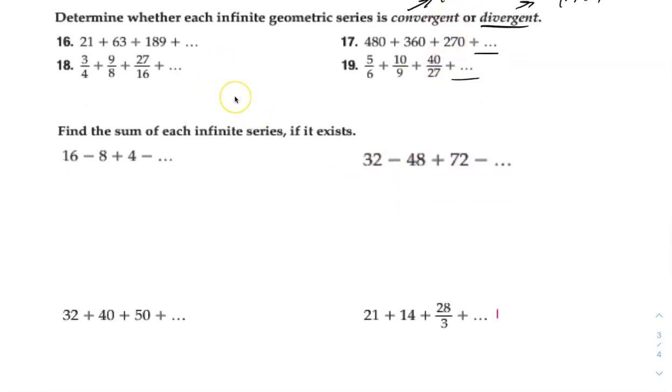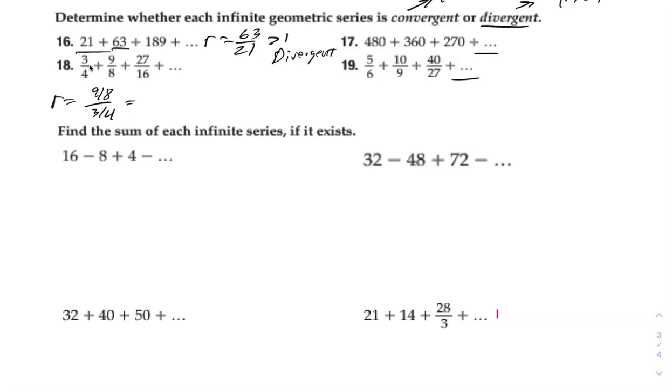So like the first one here. What's my R? A2 over A1, 63 over 21. That's going to be bigger than 1, so this is divergent. The next one: again, I've got to find my R, 9/8 divided by 3/4.